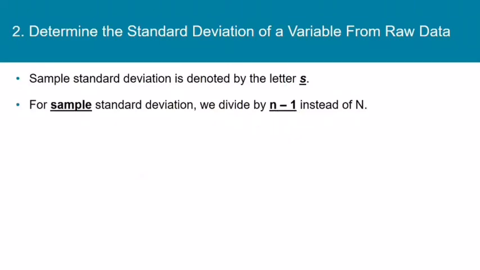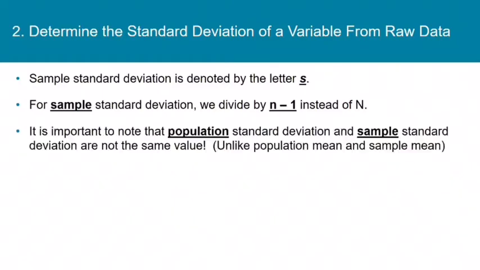And that means that the number we get for sample standard deviation will not be identical to the number we get for population standard deviation. Unlike population mean and sample mean, these two values have different formulas, so they are not going to be the same number. It's important to note that population standard deviation and sample standard deviation are not the same value.